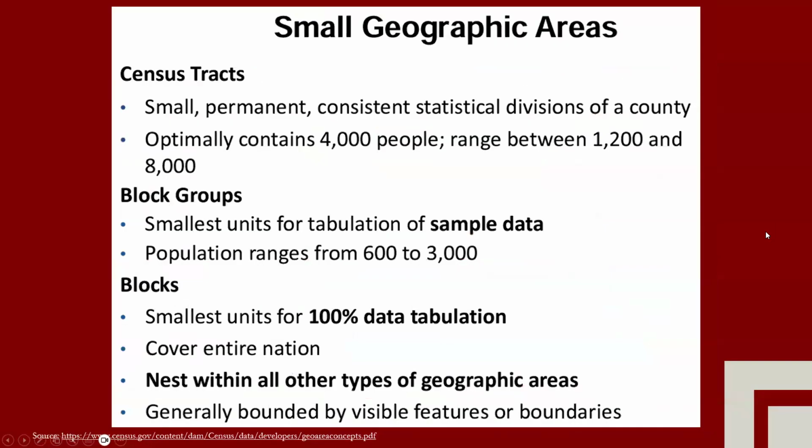So what exactly is a census tract? Well, a census tract is usually about 4,000 people. You can think of it as a neighborhood, although in urban areas it could be a little higher, and in rural areas a little lower. One thing to remember is that population changes over time. So a given census tract in one year could be split in the following census if there's a population gain.